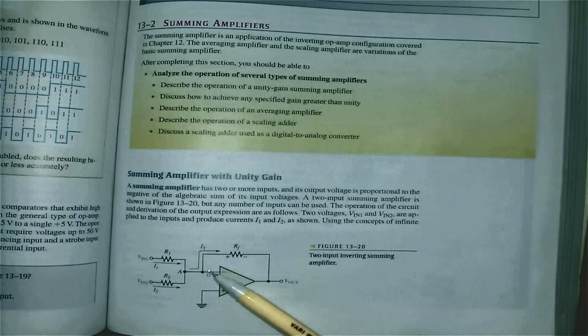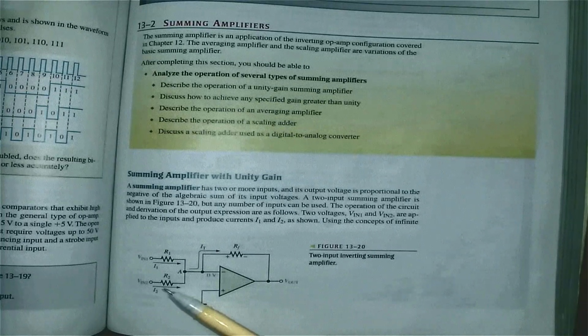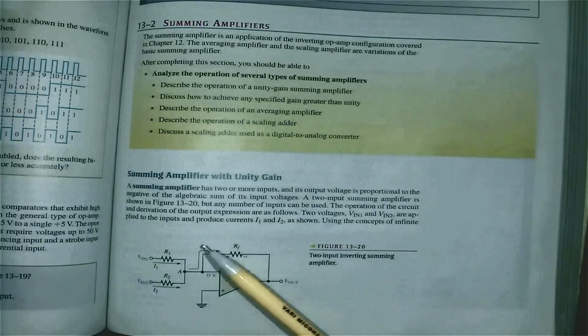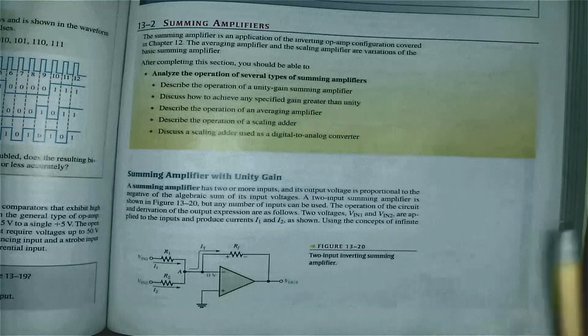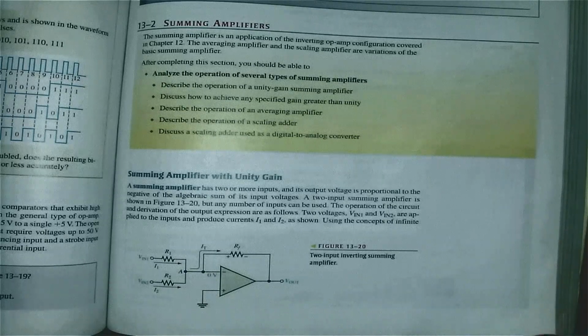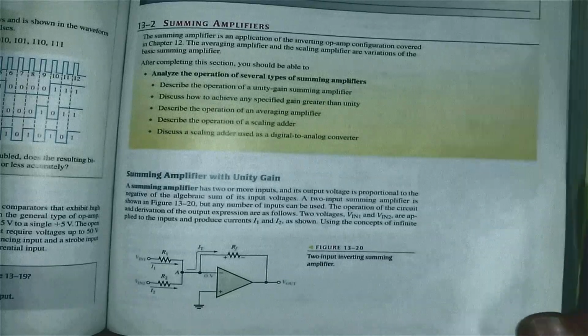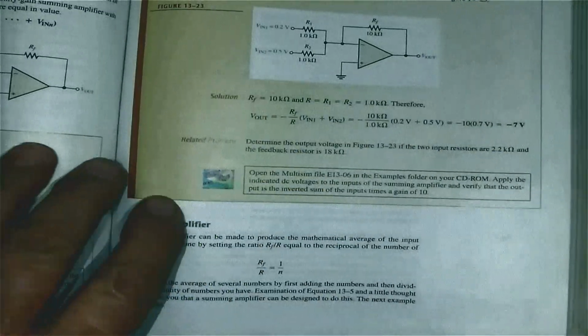And please remember, we have a very high input impedance. Nothing is flowing into the op-amp. That means those two currents added together will give me my total current, and I can determine my output. Or I can take that voltage and that voltage, add them together, and that should give me my output, and that will be just 180 degrees out of phase. That means it will be negative.